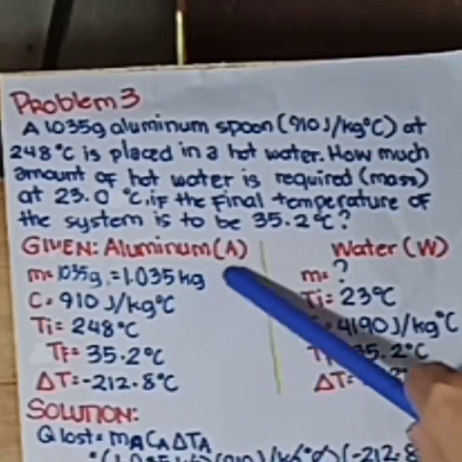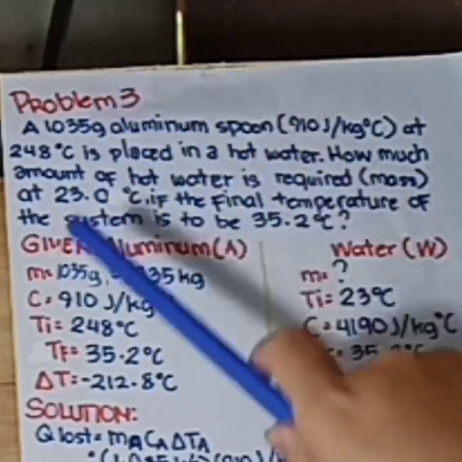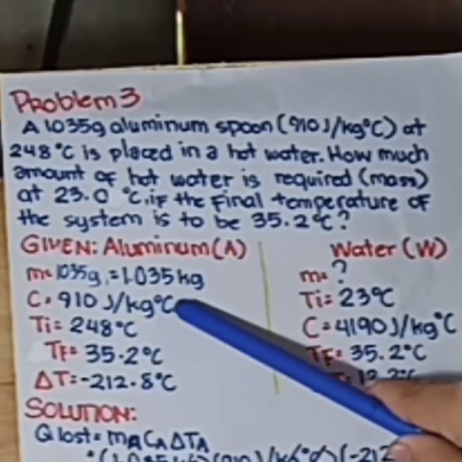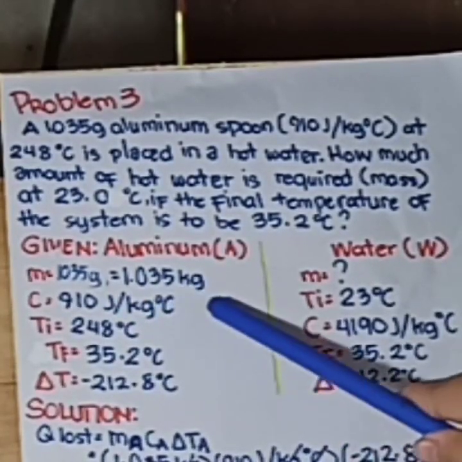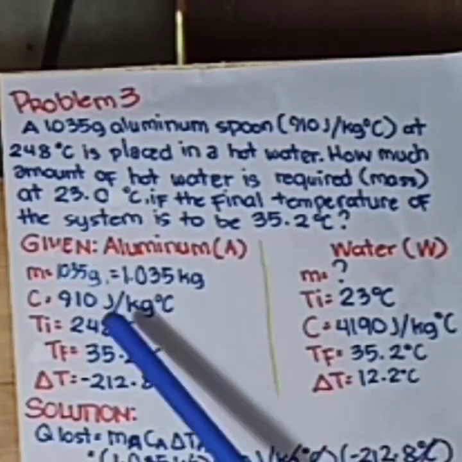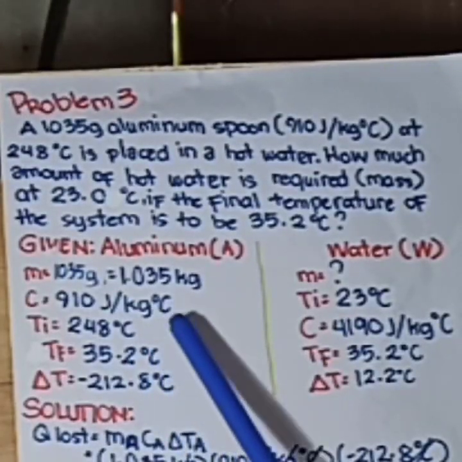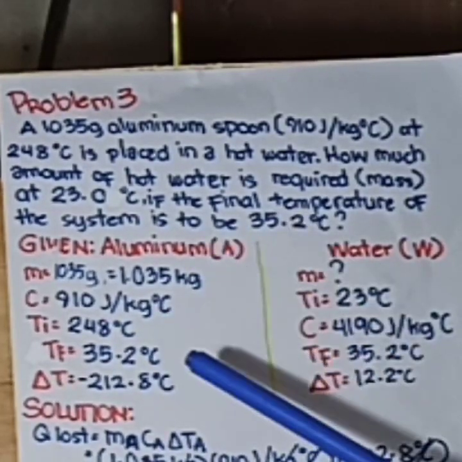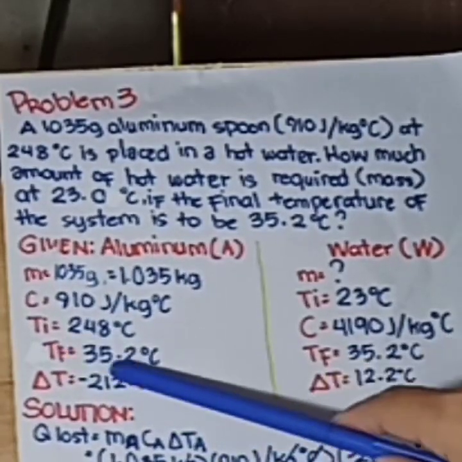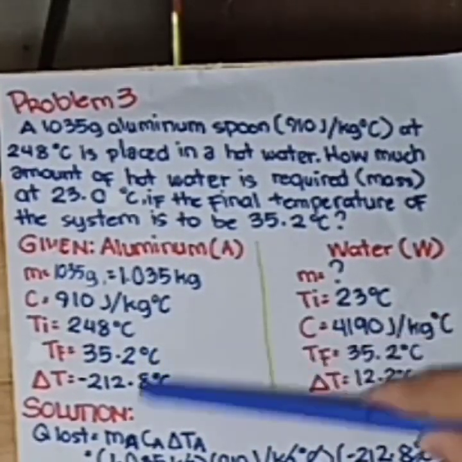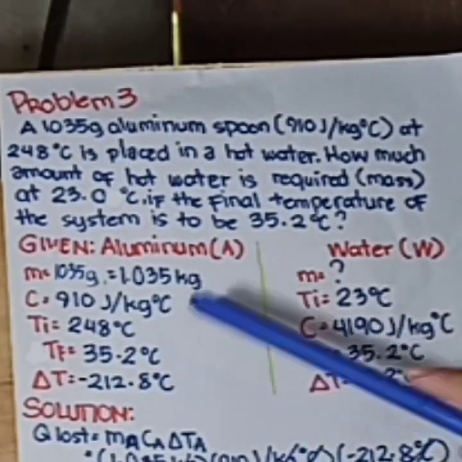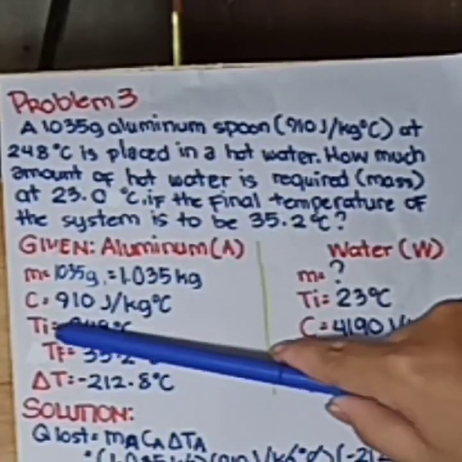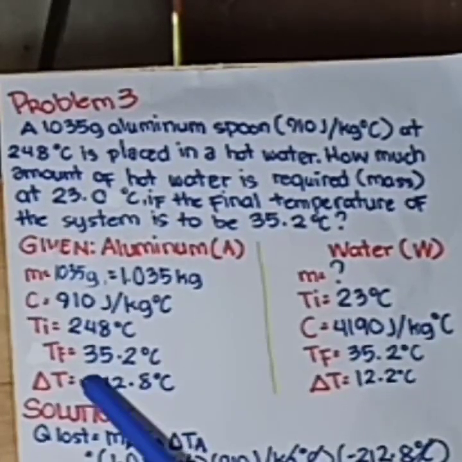So we have the aluminum and we put A as acronym. So the mass is 1,035 grams and we converted it into kilograms, and we have here 1.035 kilograms, and the specific heat is 910 joules per kilogram degrees Celsius, and the initial temperature is 248 degrees Celsius and the final temperature is 35.2 degrees Celsius, and we are going to subtract the initial temperature from the final temperature in order to get the change of temperature.